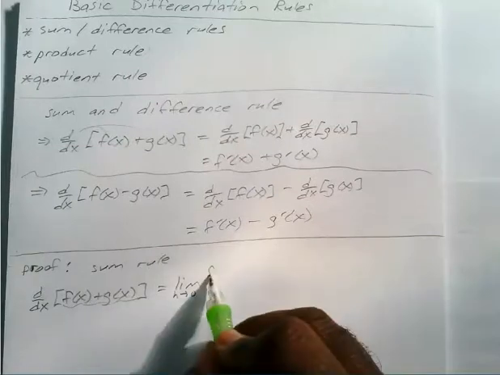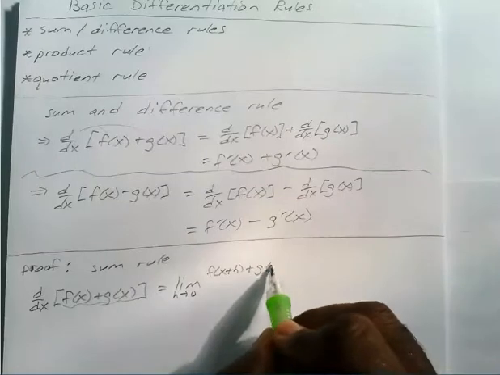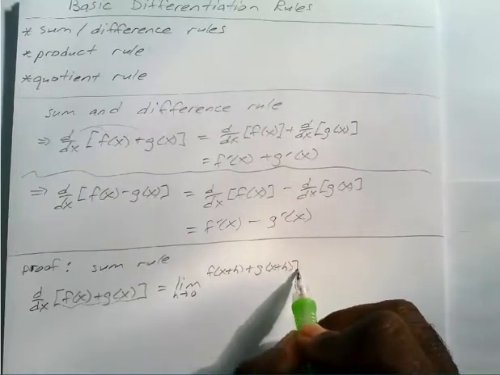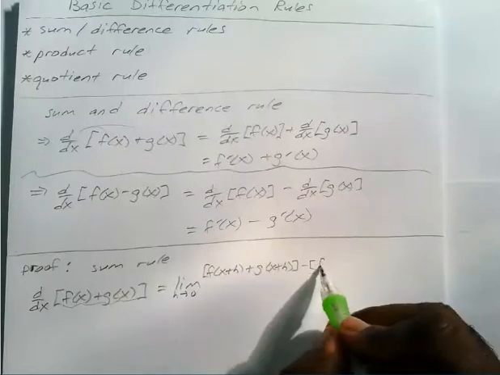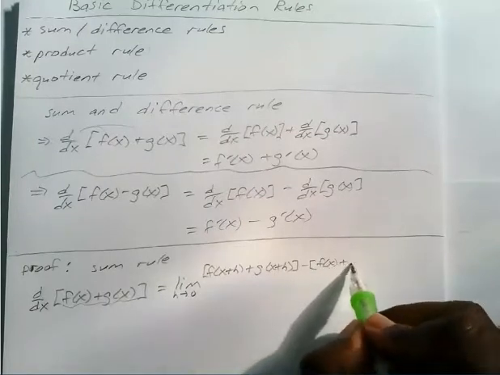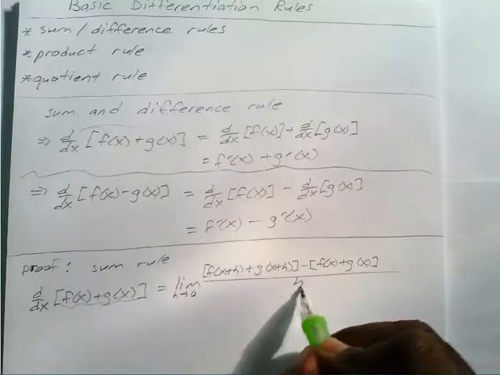So you have f of x plus h plus g of x plus h minus f of x plus g of x, all over h.